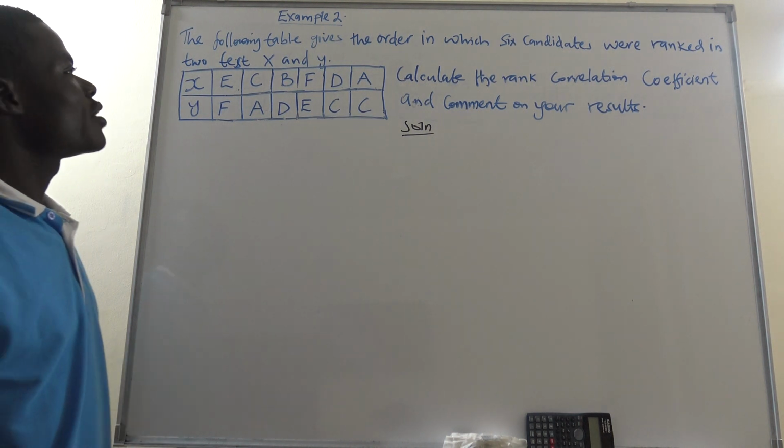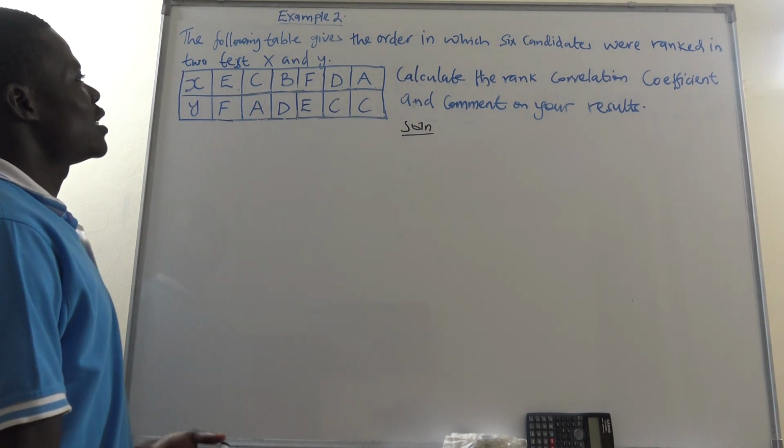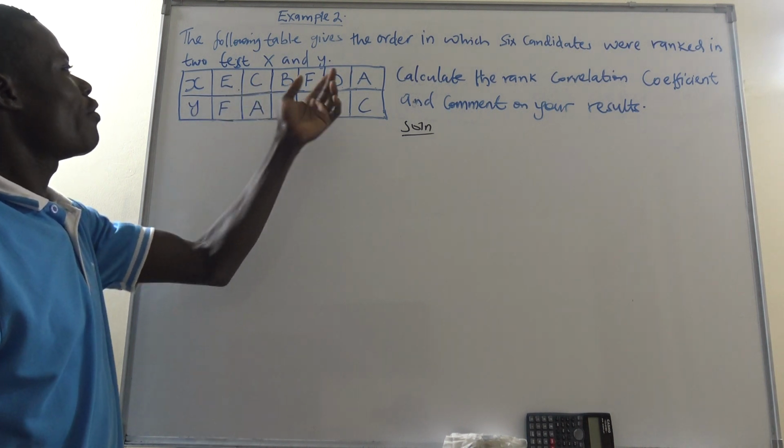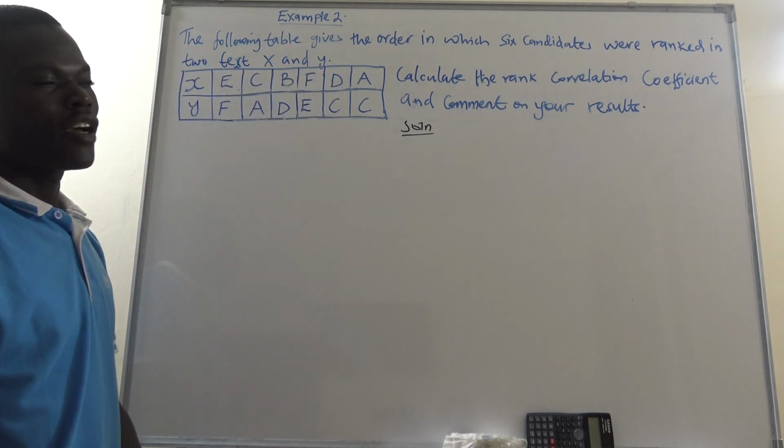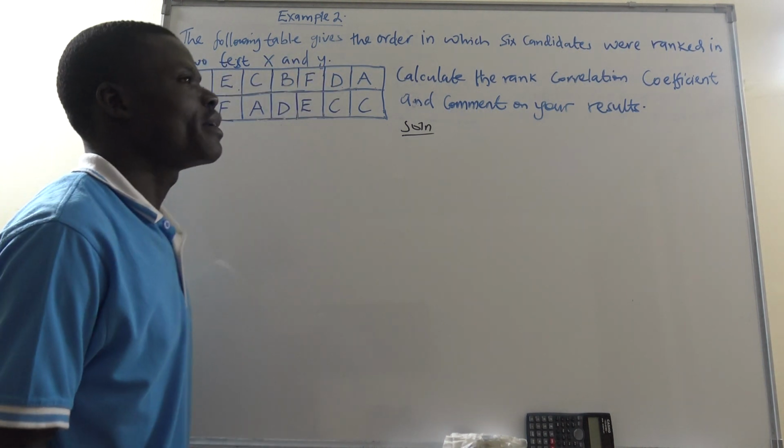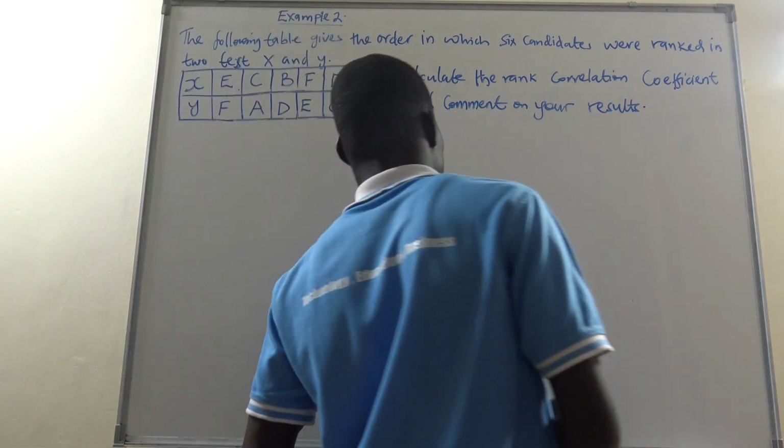Whenever you see that 6 candidates were ranked in this format of A, B, C, D up to F, just know that we are dealing specifically with the A level.